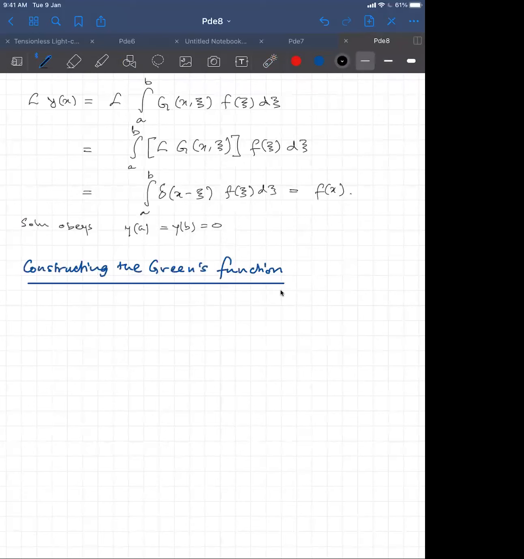So let us suppose that y1 and y2 are a basis of linearly independent solutions to the second order problem L of y equal to 0 on AB.